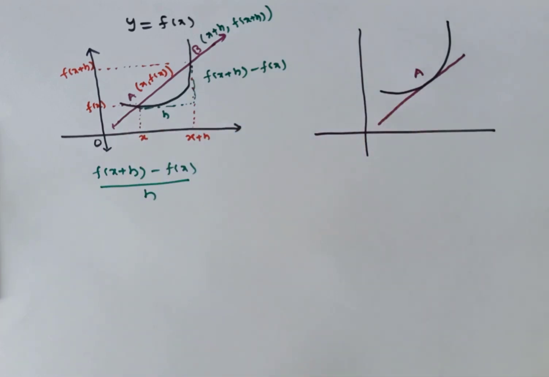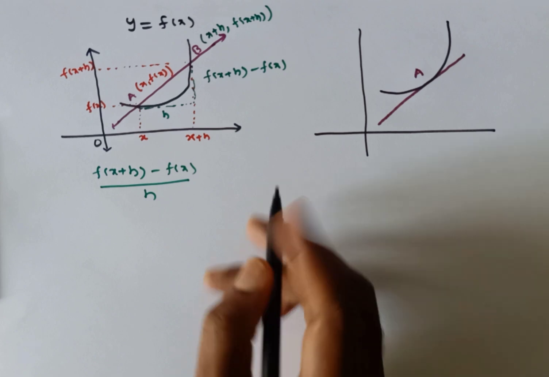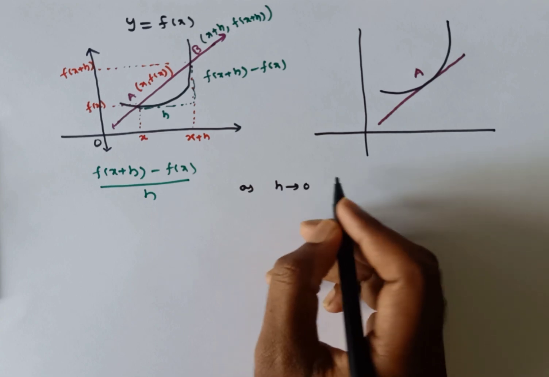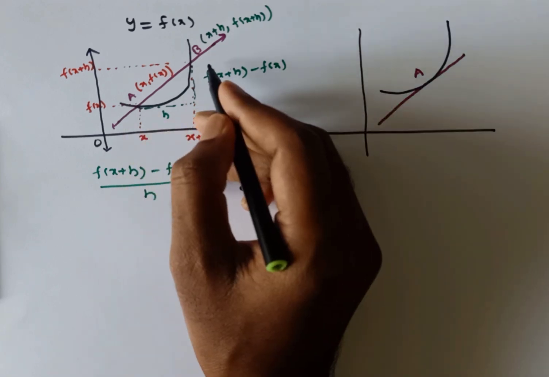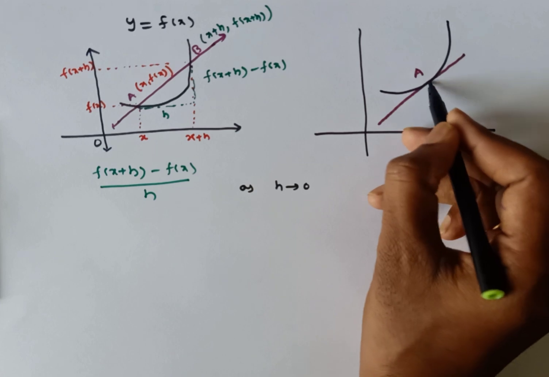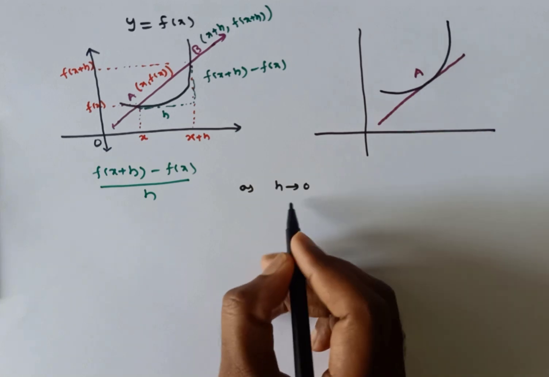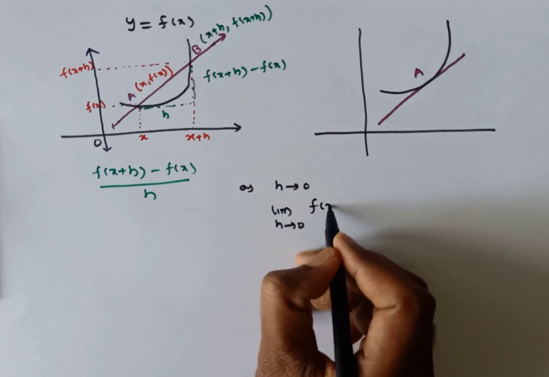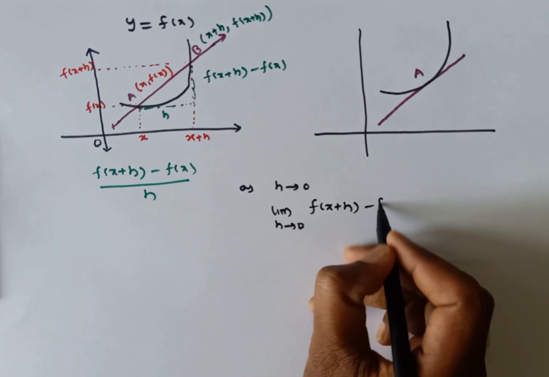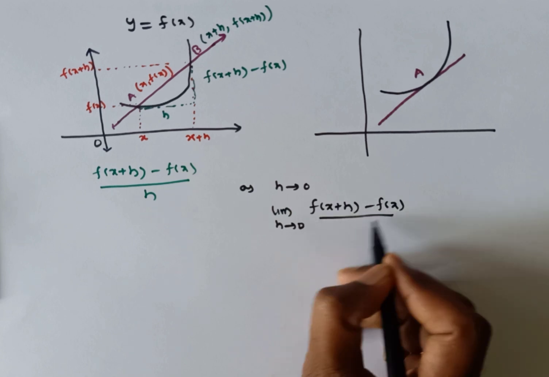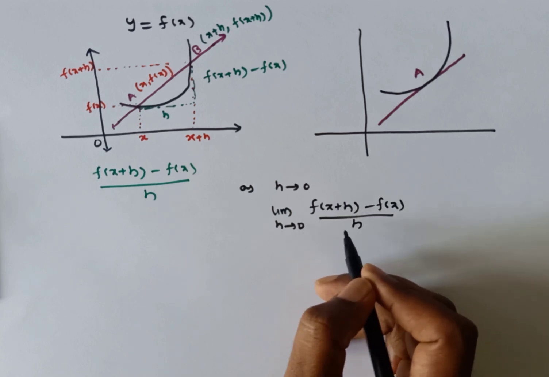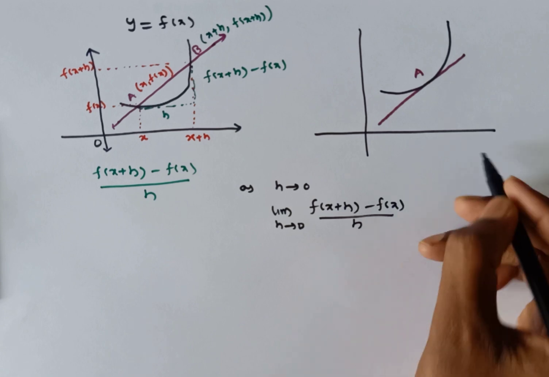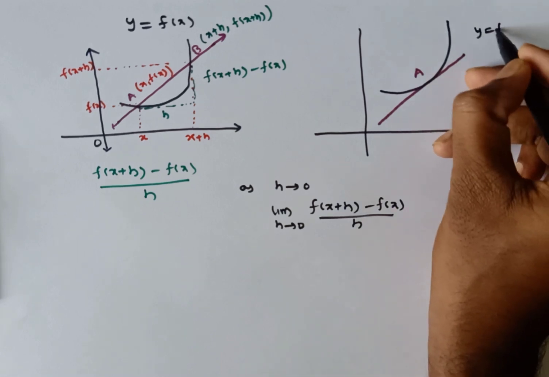Mathematically, as h goes to 0, the chord AB becomes a tangent at the point A. And the limit as h tends to 0 of f of x plus h minus f of x divided by h is called the derivative, or the rate of change, for the given function y equals f of x.